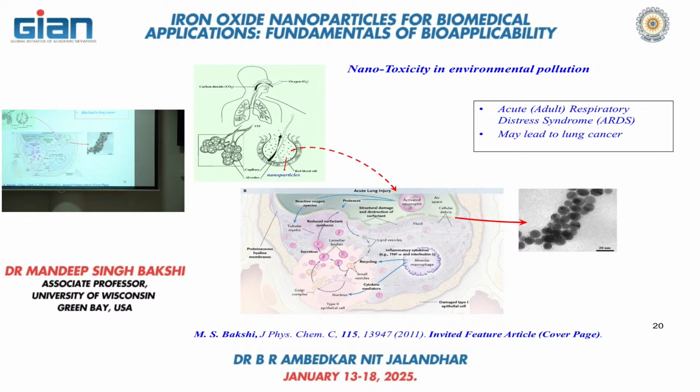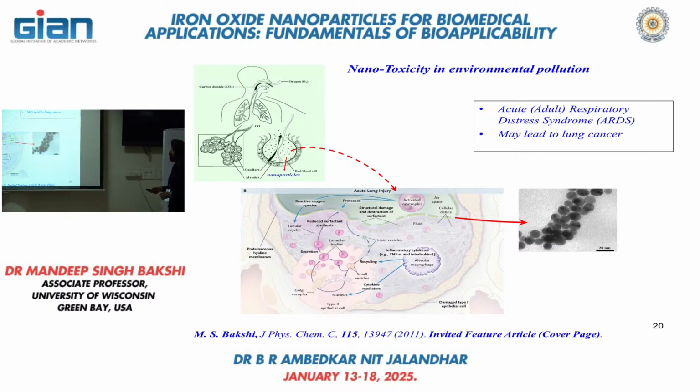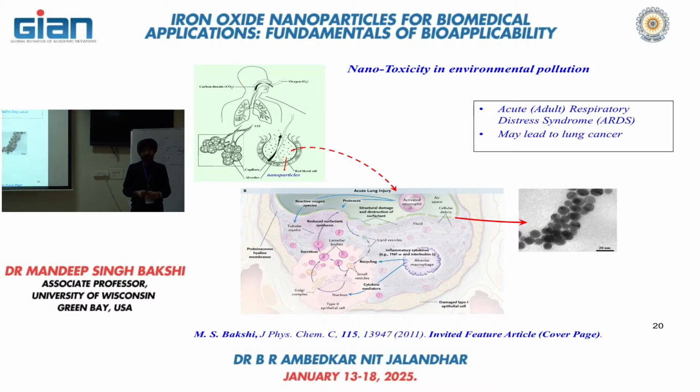So nanotoxicity working at biointerfaces. This is the biointerface where the nanotoxicity is working. So what is the solution? Suppose you ask me what the solution is: you cannot change the amount of surfactant produced by the human body. It is the same for everybody, right?